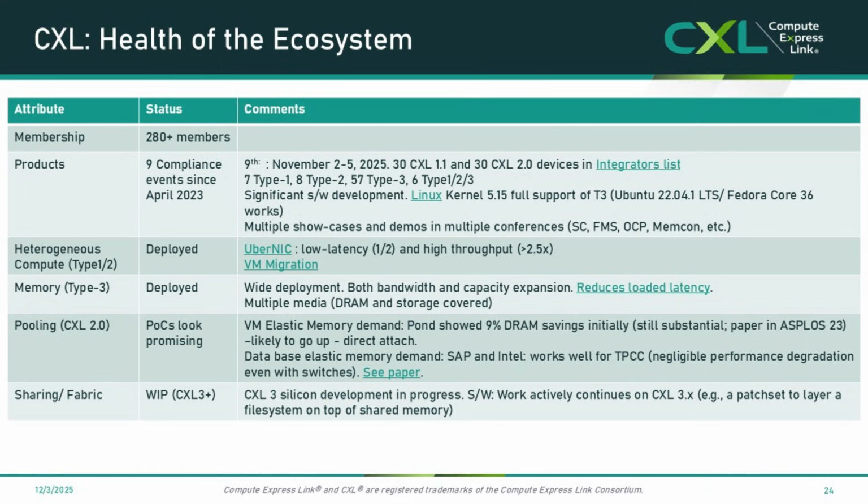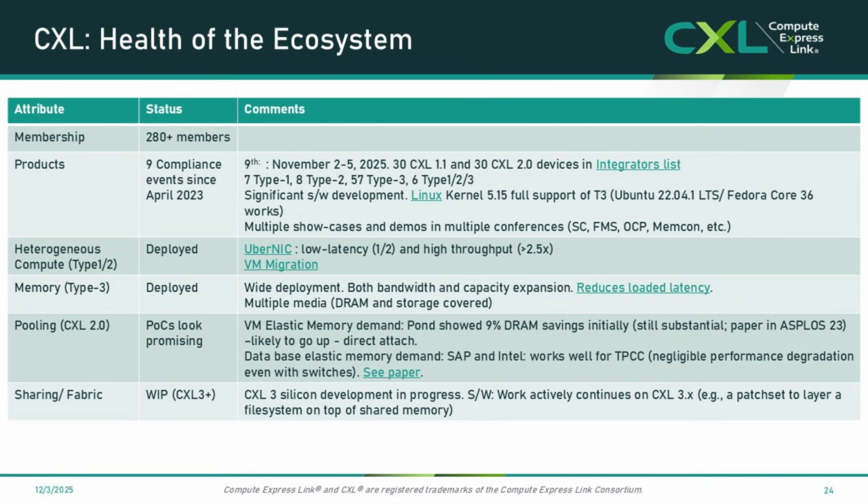We also have scenarios where folks are building storage, NAND-type devices, on these Type 3 devices. Pooling is another exciting area, and any discussion about CXL cannot really be complete without pooling. There are many POCs happening, many promising results, and several papers being published, and Debendra showed the picture and why people are excited about this.